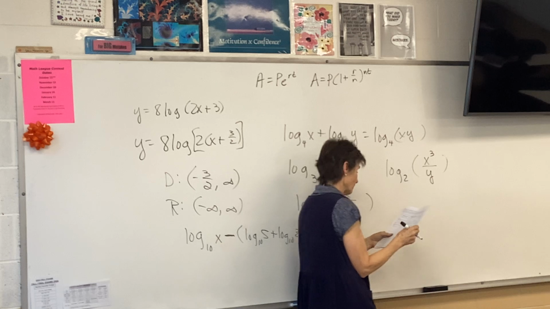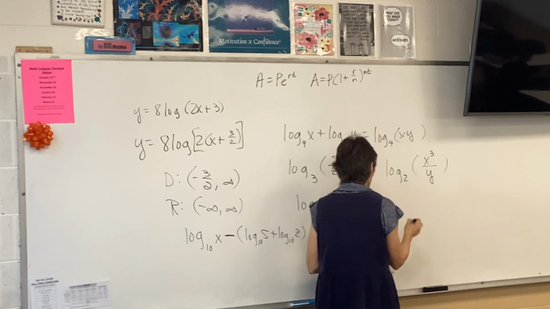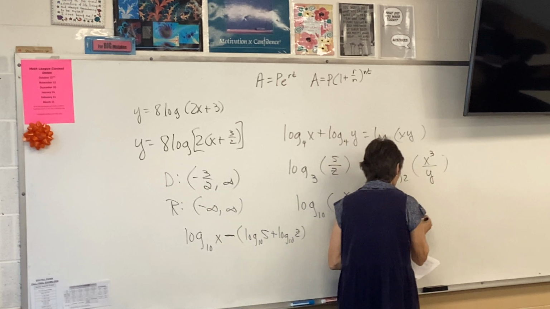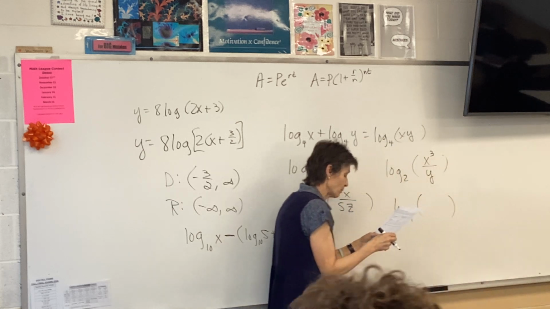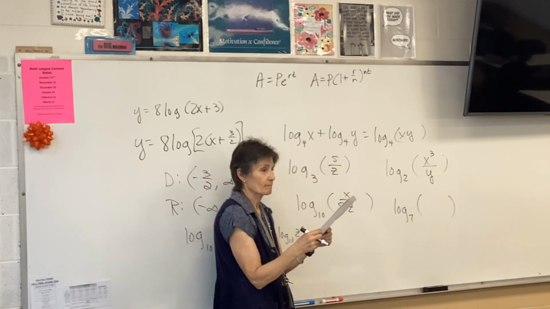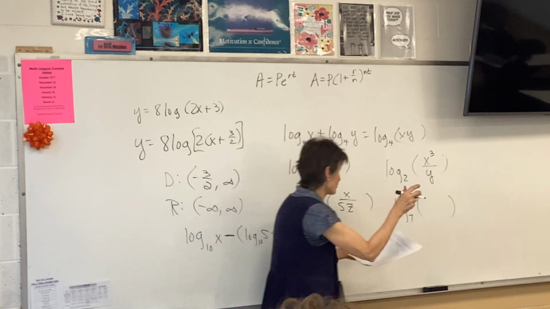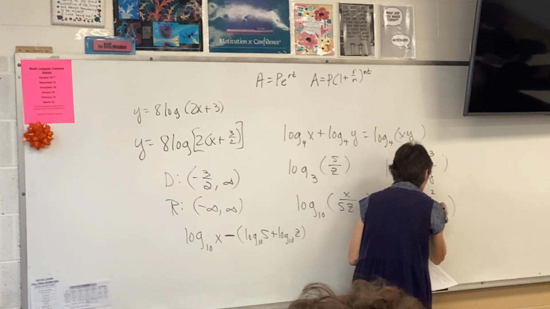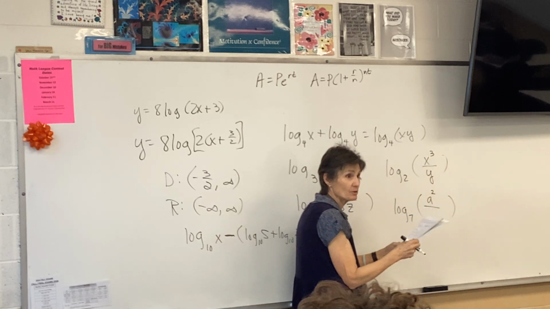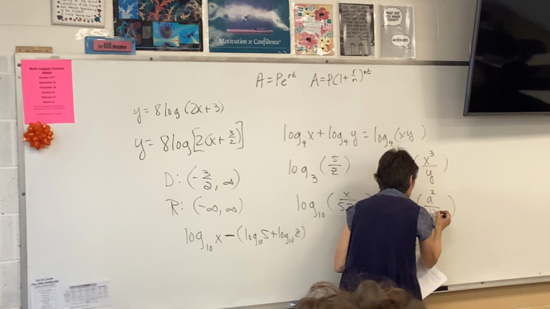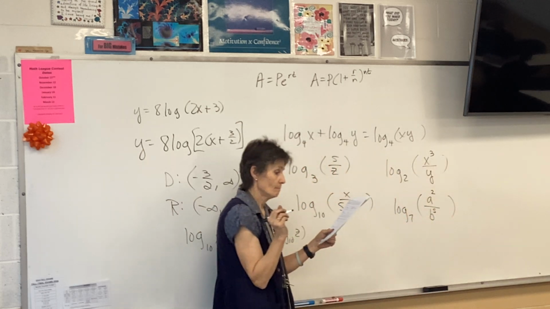Oh my. Okay. What about the next one? What do you think's gonna be in that parentheses? I'm gonna have an a squared, and it's gonna be over a b to the fifth.